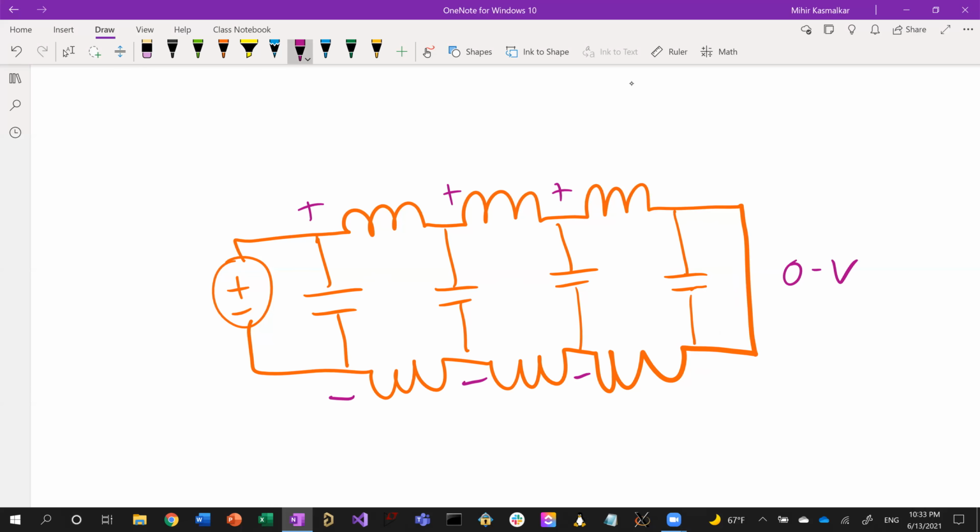Then this next capacitor down the line is also going to see this short circuit, and so it's going to also discharge and lose its voltage. You'll also see this for all the previous ones. From the end back to the beginning, each capacitor will lose its voltage until you reach the beginning.